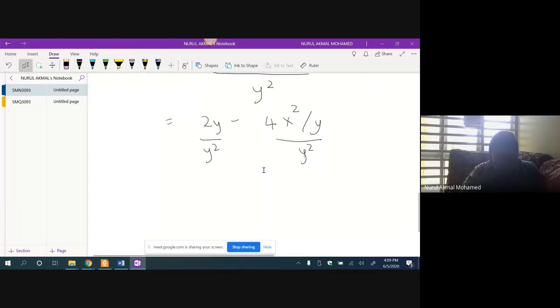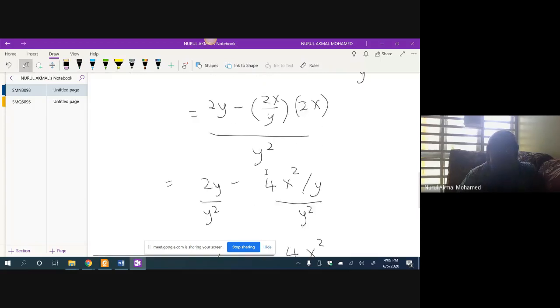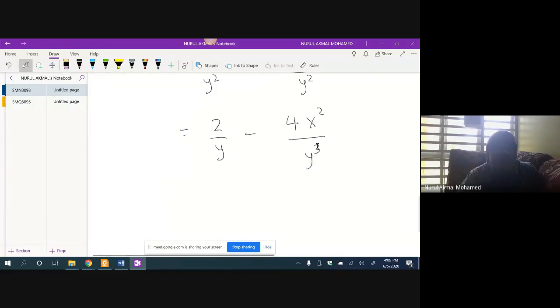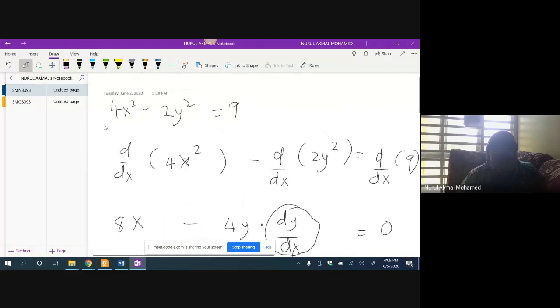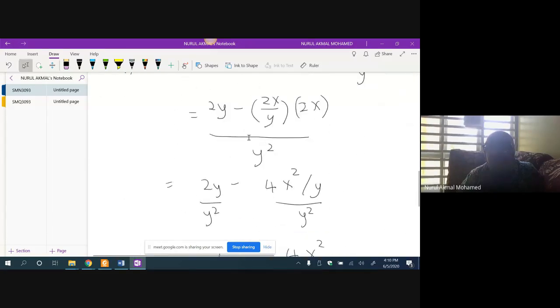If you simplify, you get 2 divided by y. And this one, you get what? 4x squared divided by y cubed. Okay, we have to make use of this: 4x squared minus 2y squared equal to 9.